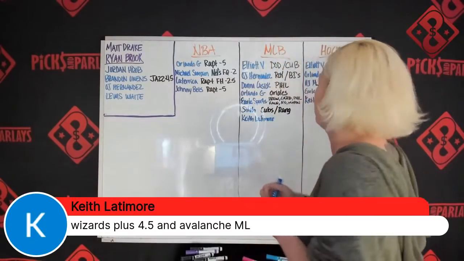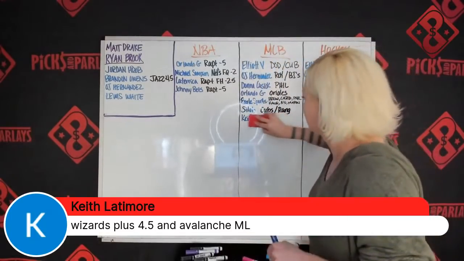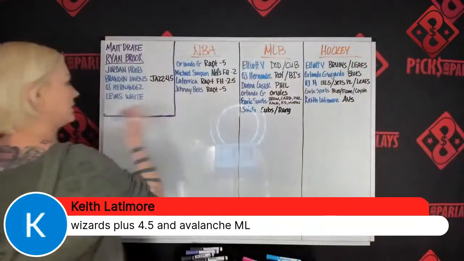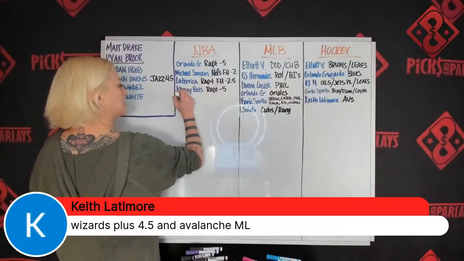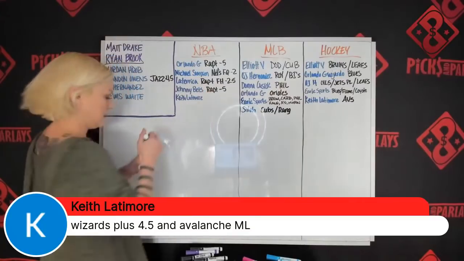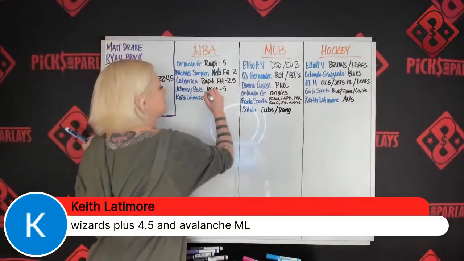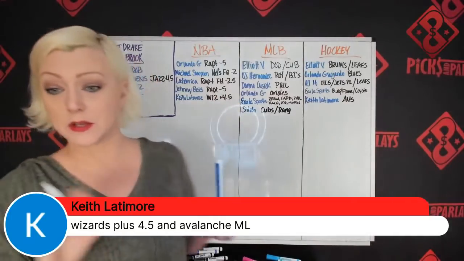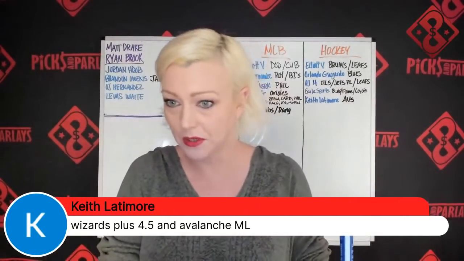And ball sack. Bag of nuts. All right, Keith Lattimore. You're an NBA guy. And he's rolling with the Wizards plus 4.5. Okay, sorry. Just excuse me while I get my stuff together. Pardon me, I'm just getting my stuff together over here.